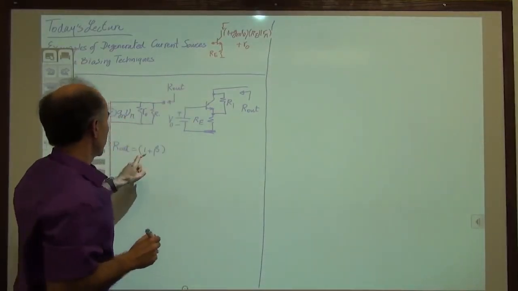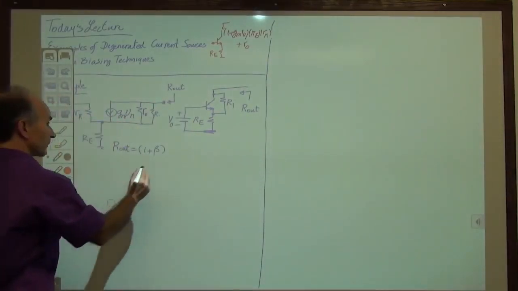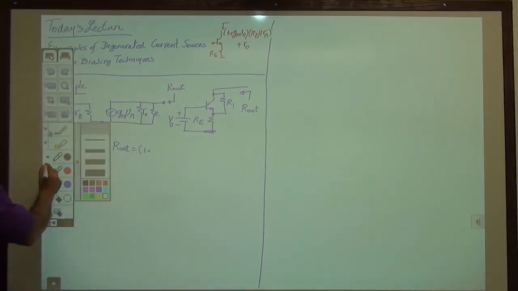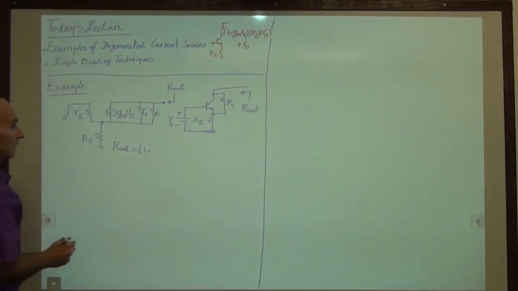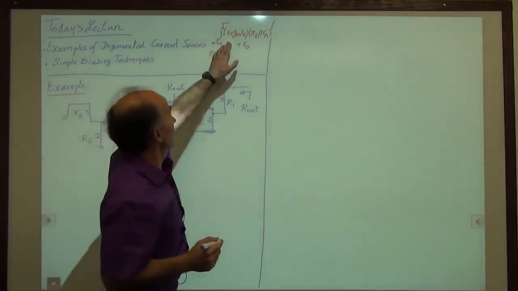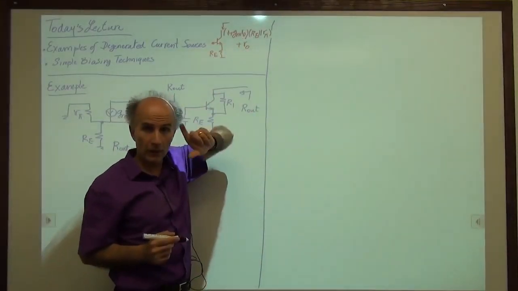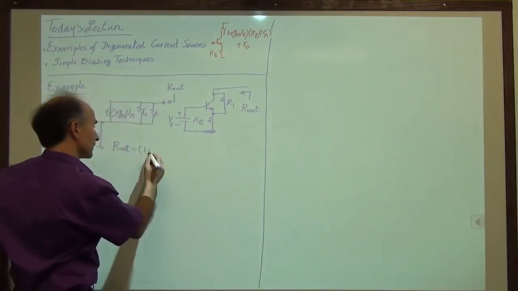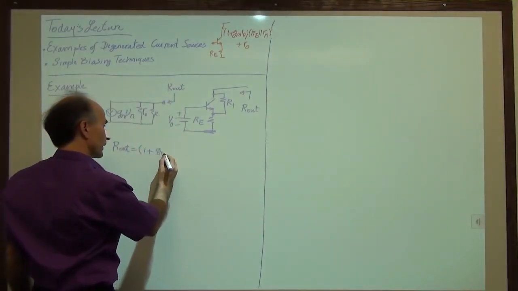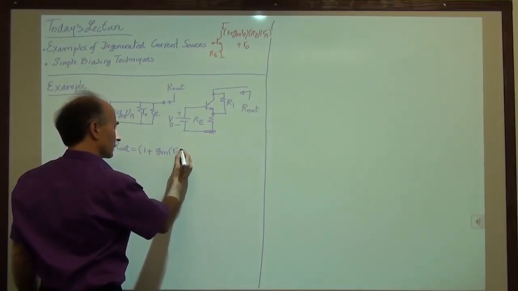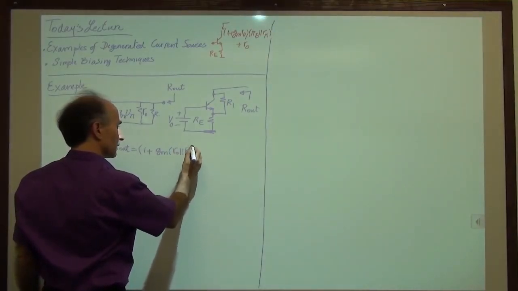All right, so now we're going to apply that here. So we go back to our blue color. Okay, so we have 1 plus GMRO. Let's take RO and replace it with RO in parallel with R1. So 1 plus GM RO in parallel with R1.